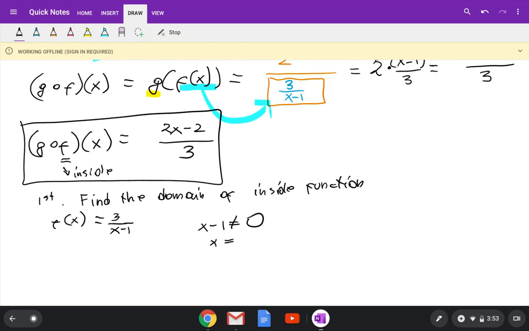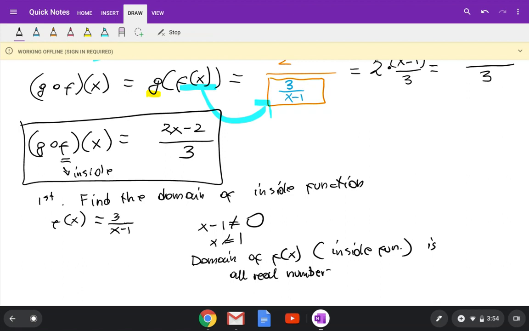Solving for x, we get that x cannot be equal to 1. What that means is the domain of f, which is again the inside function, is all real numbers except x equals 1. So this is what we have.